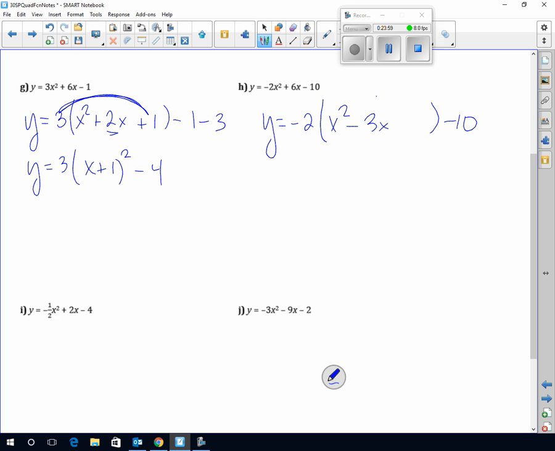If I square 1.5, that is 2.25 times minus 2. So that is actually negative 4.5. So I actually subtracted 4.5, so I need to add 4.5. So what do I get? Negative 5.5. Everybody agree?